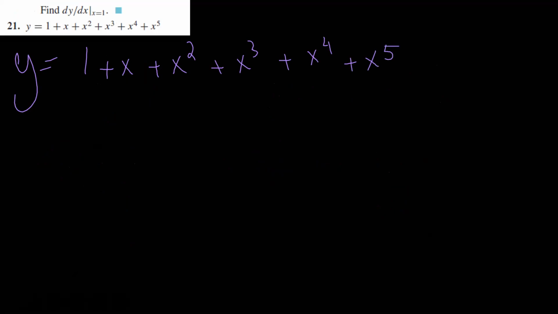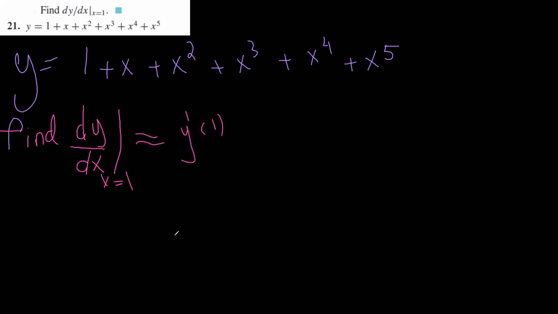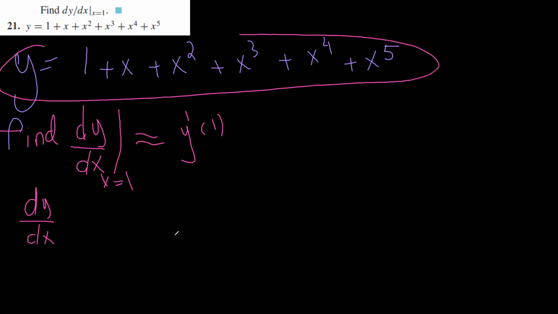I want you now to find dy over dx when x equal 1. It has the same meaning as find y double prime of 1. Both of them have the same meaning. So the first step here, you have to find dy over dx from this function.